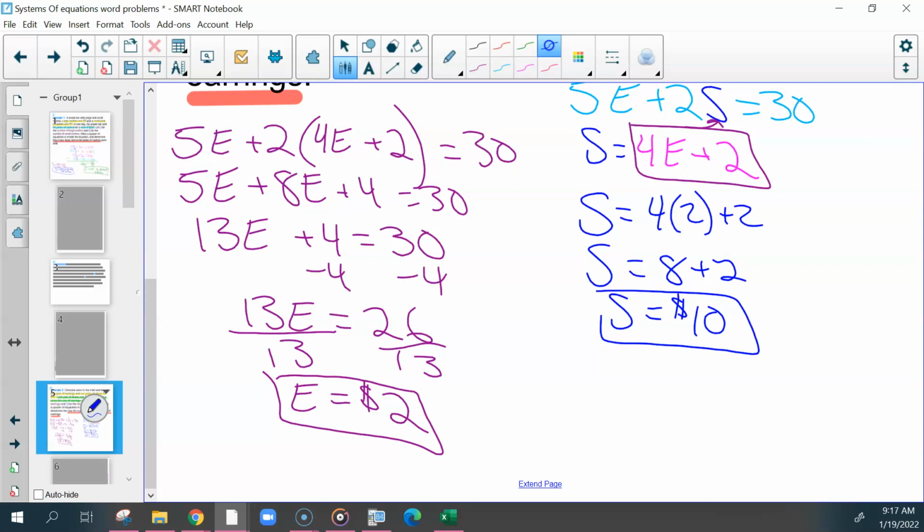We could also double check this. We didn't do this for the last one, but we could do this here. If I put these two numbers back into this equation, 5 times 2 is 10. 2 times 10 is 20. 20 plus 10 is 30. So that works. And we know it works for the second one.